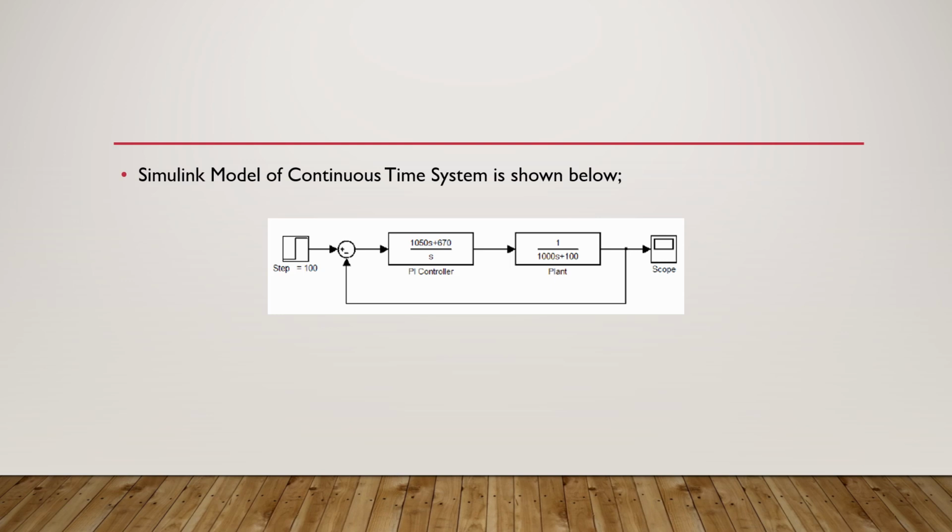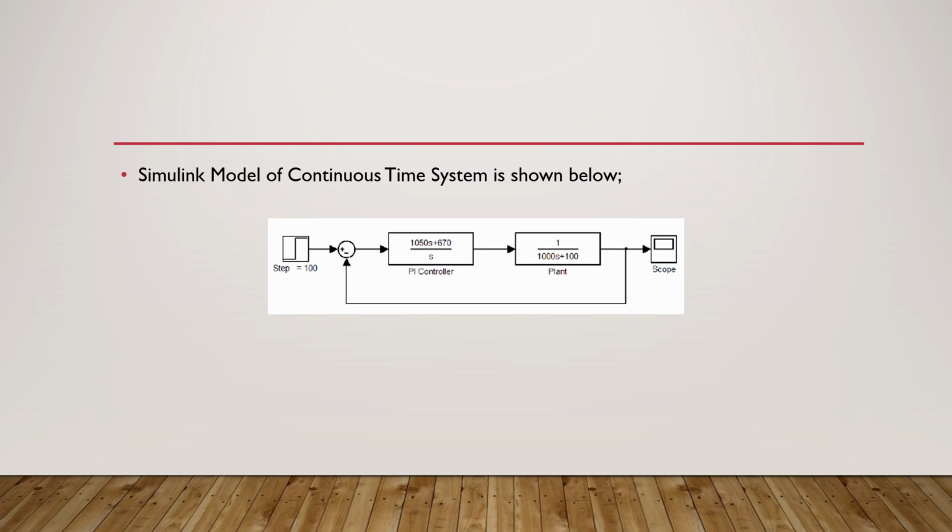Then we pick the PID controller by double clicking on this block. We select the PI controller, and then we can put in the numerator and denominator values.